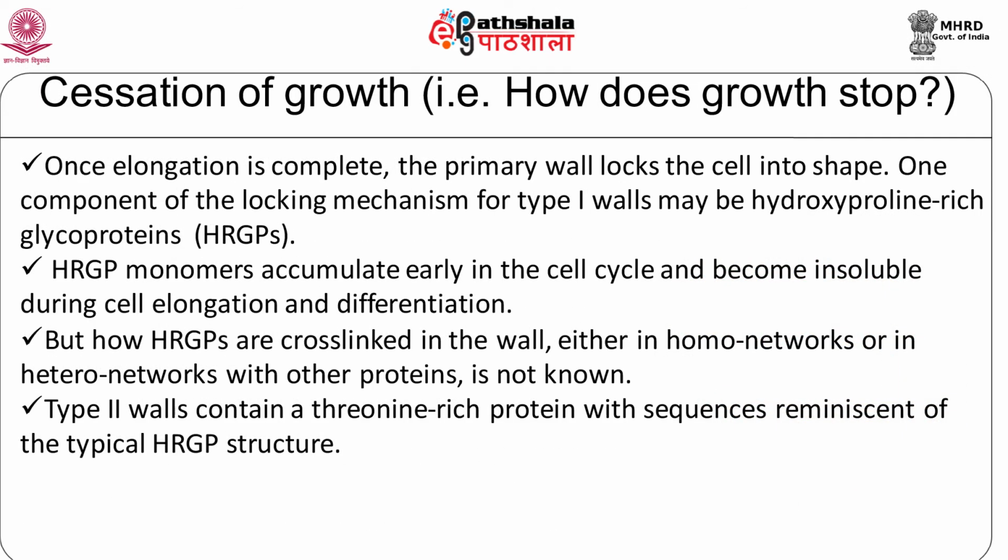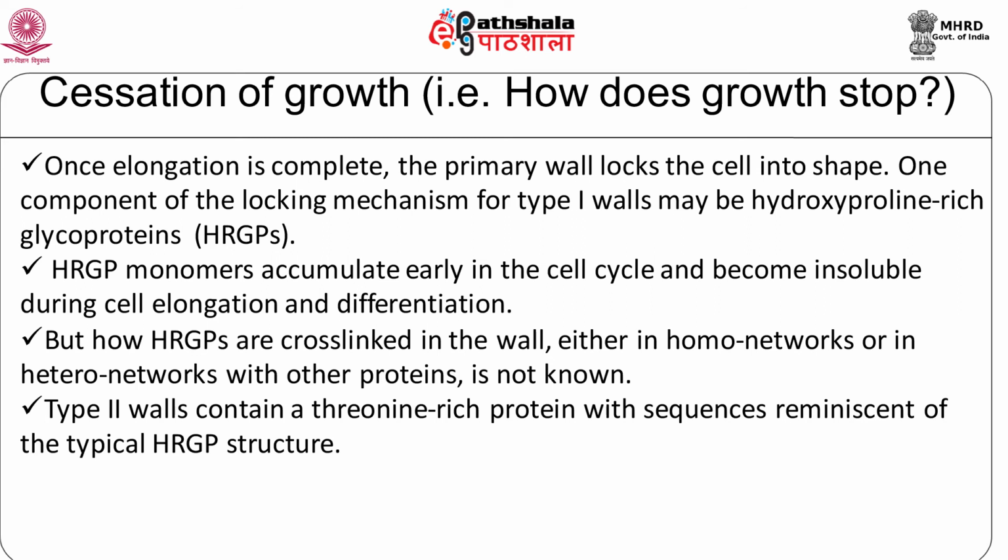Let us understand how growth stops, so that we can interpret what is cessation of plant growth or cessation of cell enlargement. Once the elongation and expansion is complete, the primary wall locks the cell into a particular shape.